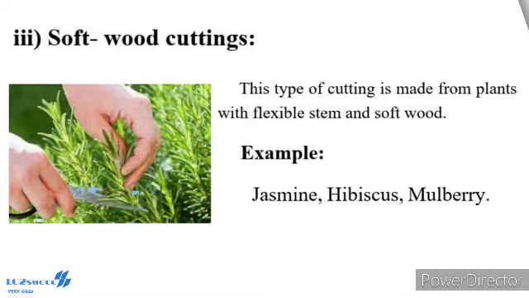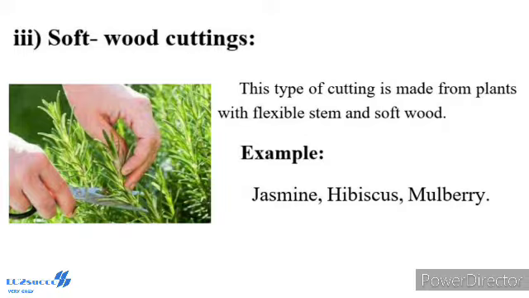Third one, softwood cuttings. This type of cutting is made from plants with flexible stem and softwood. Examples: jasmine, hibiscus, mulberry, etc. The roots develop from the cut end, easier and quicker than other types.